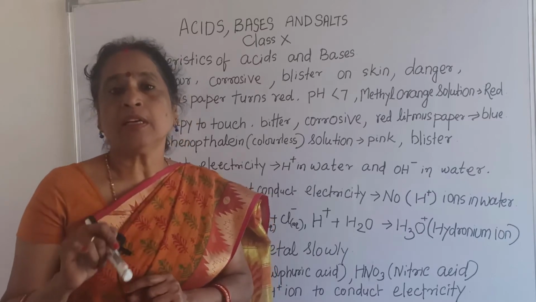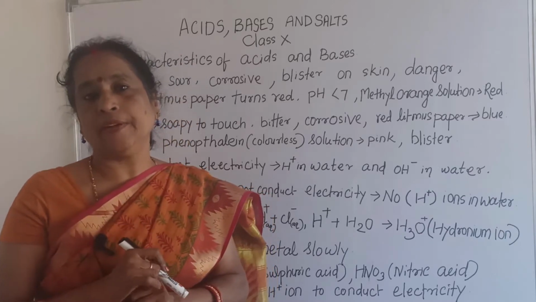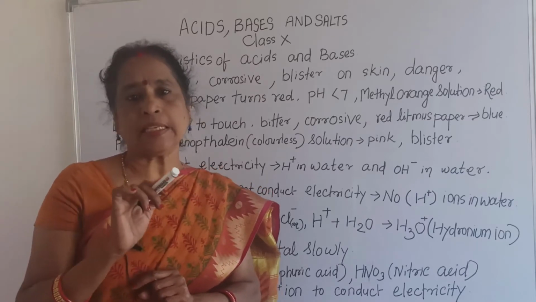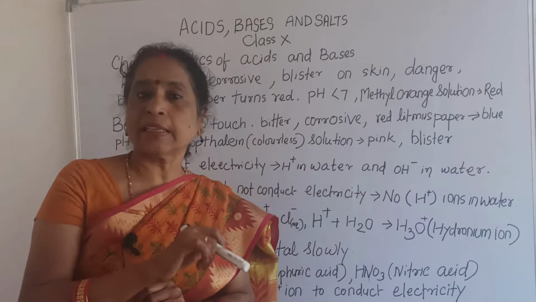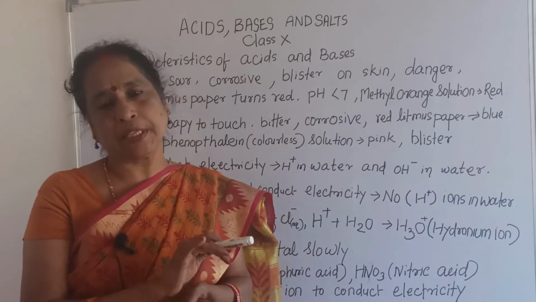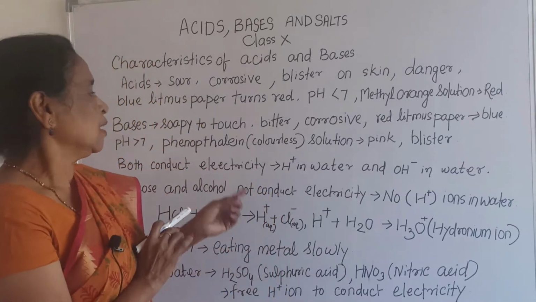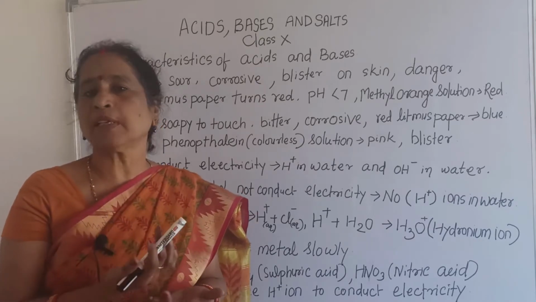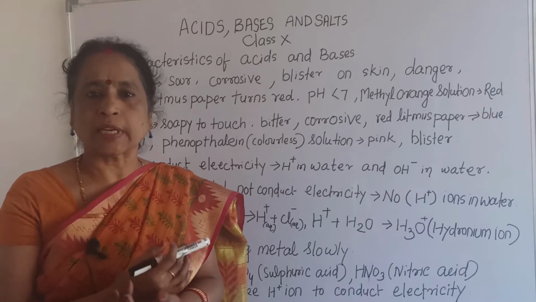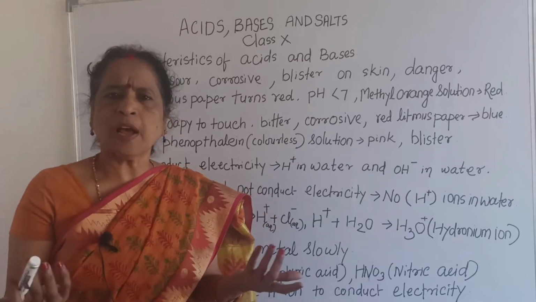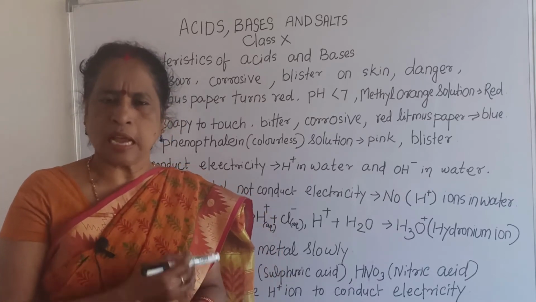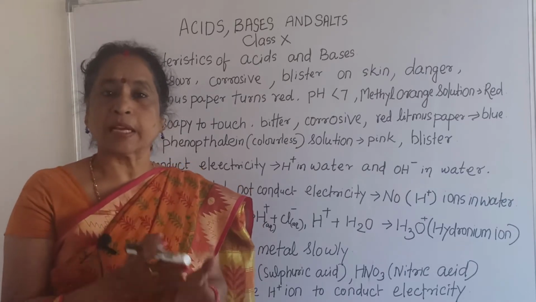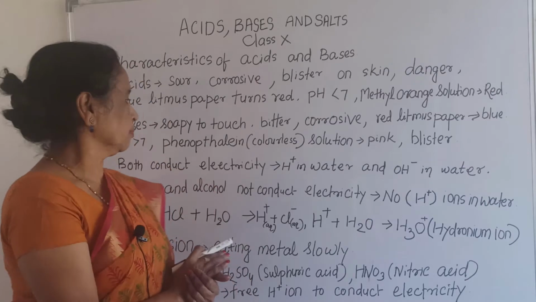That means alkali is a base, and all bases are not alkalis, but all alkalis are bases. Examples of alkali: sodium hydroxide and potassium hydroxide. Bases which contain OH minus include sodium hydroxide, potassium hydroxide, calcium hydroxide and magnesium hydroxide also.